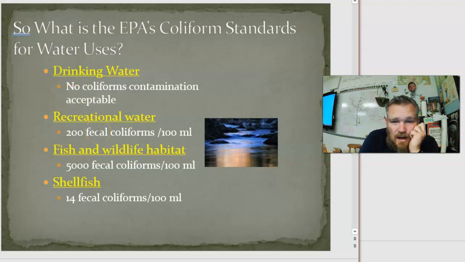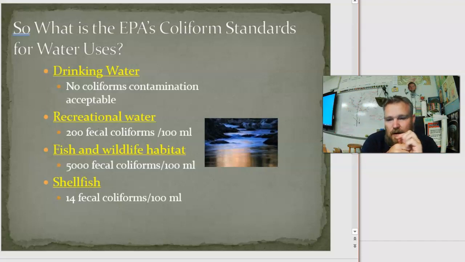Now, recreationally, you can have some more, 200 fecal coliforms per 100 milliliters. Now remember, a coliform is not a single bacteria, it's a colony of bacteria. So typically 200 coliforms would be 200 million bacteria. So water is literally teeming with these bacteria, but it takes a lot of them typically to make you sick.